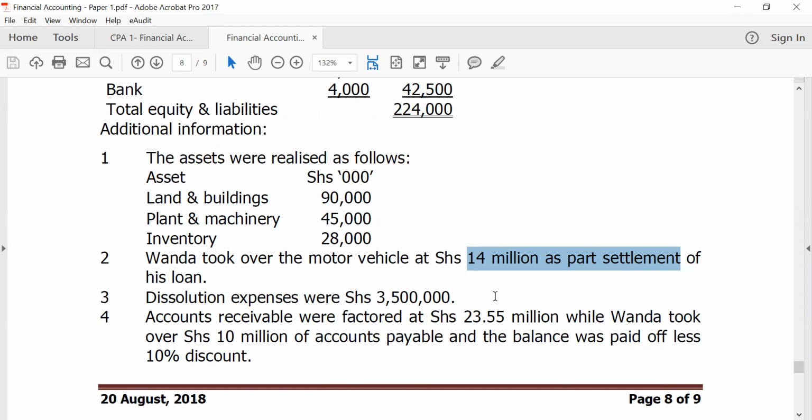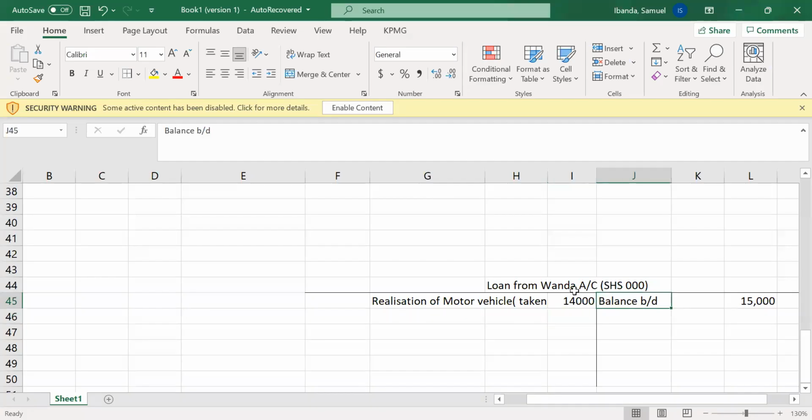So what that means is the 1 million remained as outstanding, because when you balance off this account, you get your 15,000 here, and you have a balance of how much? A balance of 1,000, okay? You get a balance of 1,000.